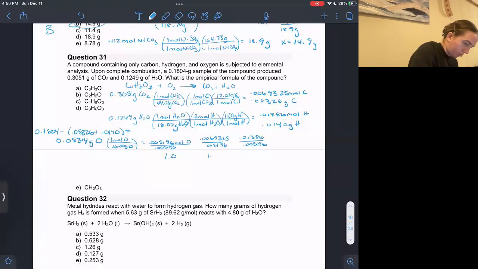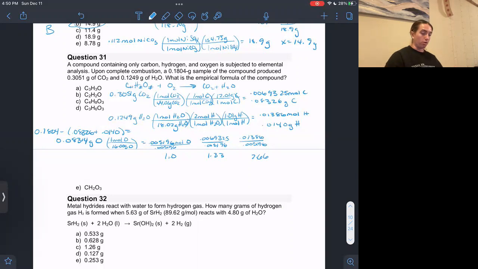So it's 1.33, and then this is 2.66. The good thing about this is that 0.33 and 0.66 are both fractions you would see if you divide by 3.